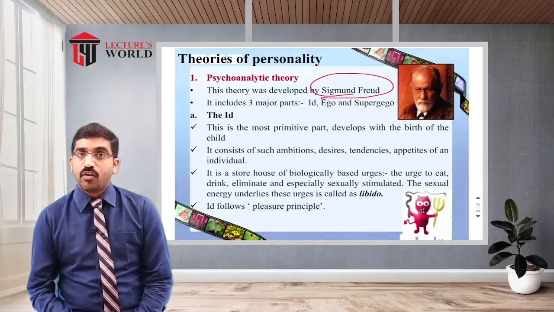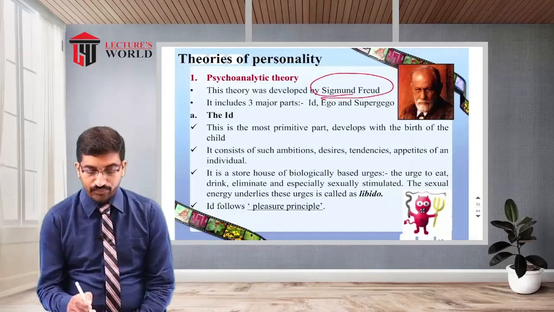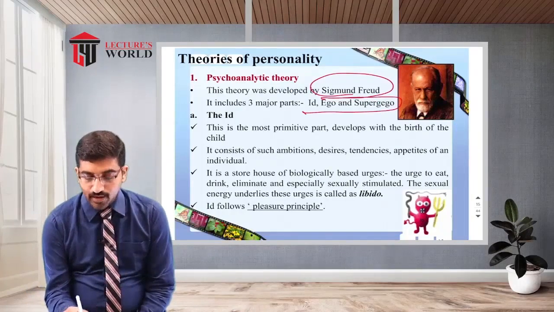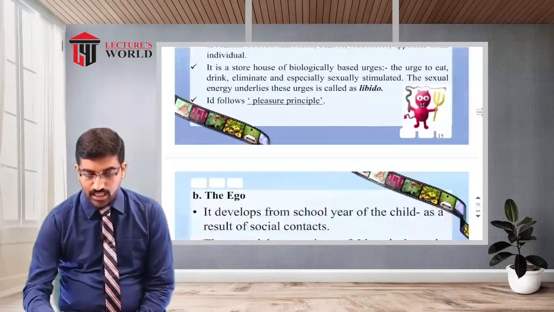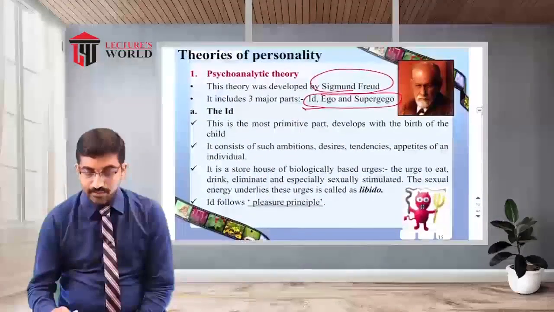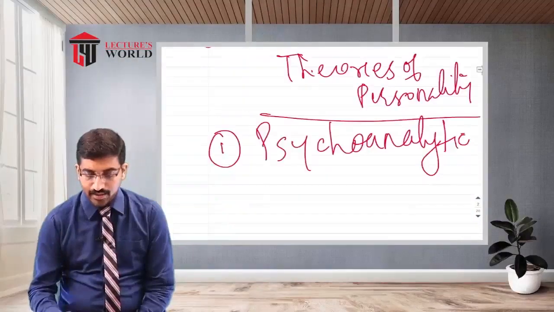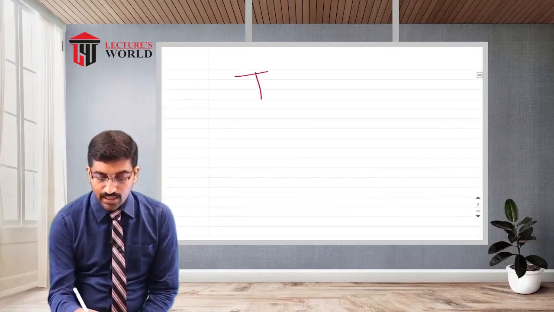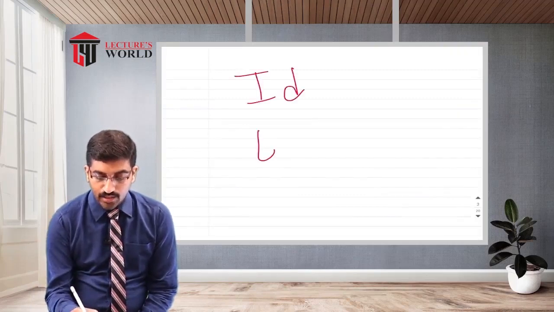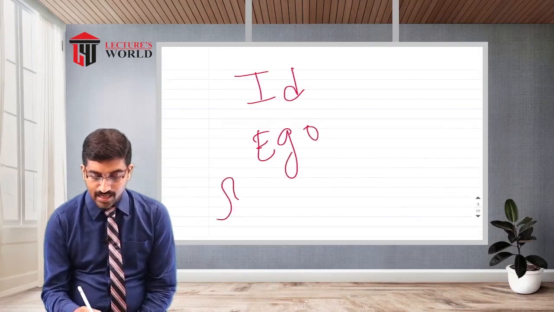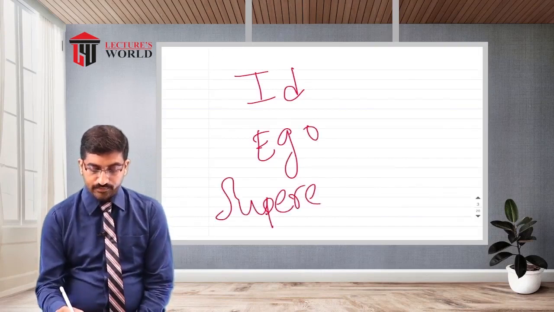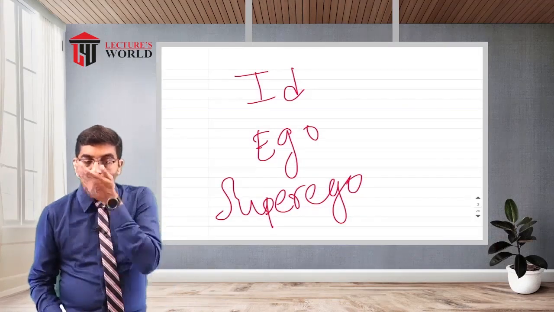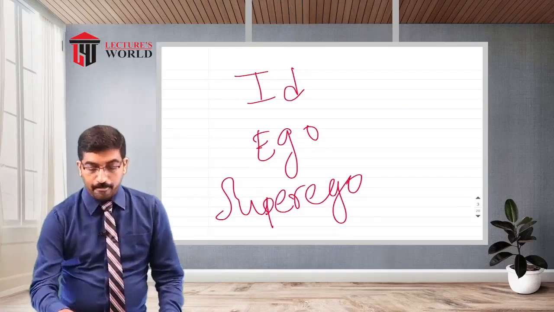That means we can all follow his theory. Mainly he spoke about id, ego, superego. I'll give a simple example so you can follow the psychoanalysis of id, ego, and superego. So what is id?